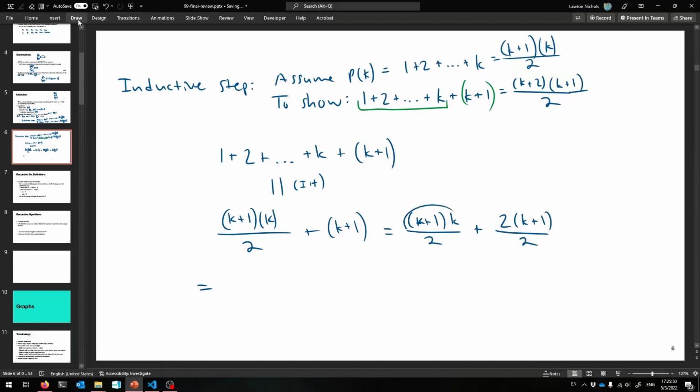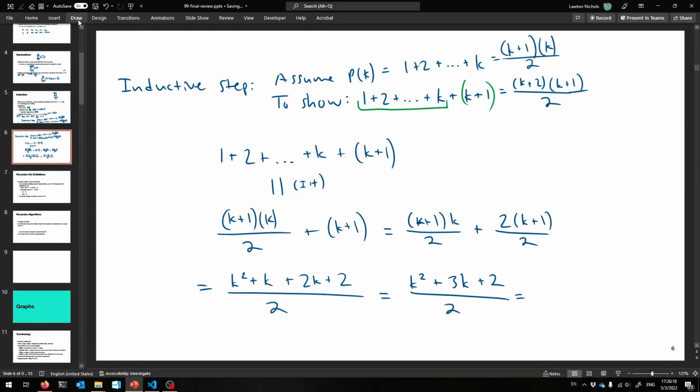And so let's expand the top as well, just to save us some time. So this is k squared plus k plus 2k plus 2. And this is all over 2, right? Because we found that common denominator. And so combining the terms that are alike, we end up with this.